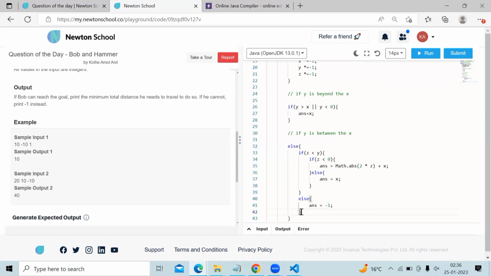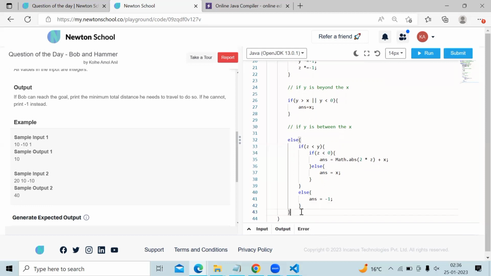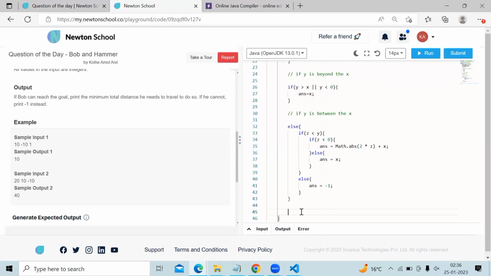Now I will simply write system dot out dot println, and here I will print answer. So we have written the code for this problem.